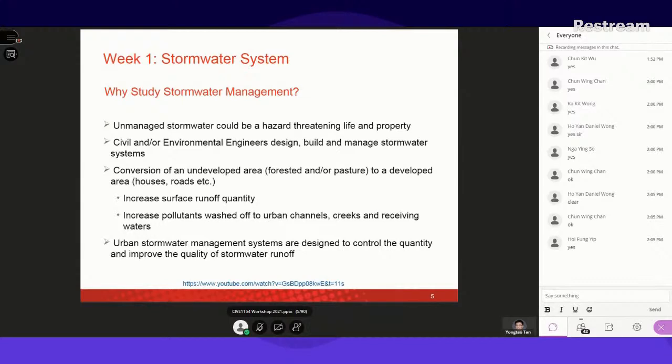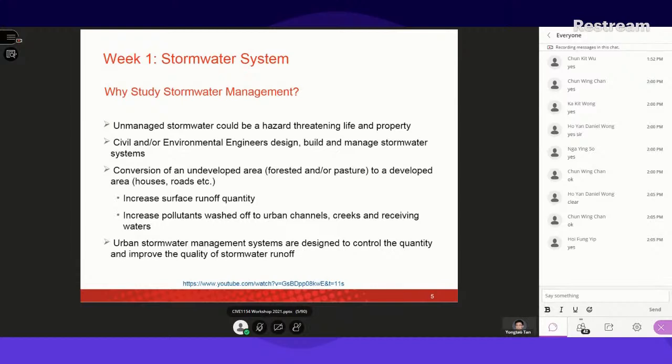In Hong Kong, I also got this information from the website, there are 3 underground stormwater storage tanks, located at Tai Hang Tung, Sheung Wan, and Happy Valley.